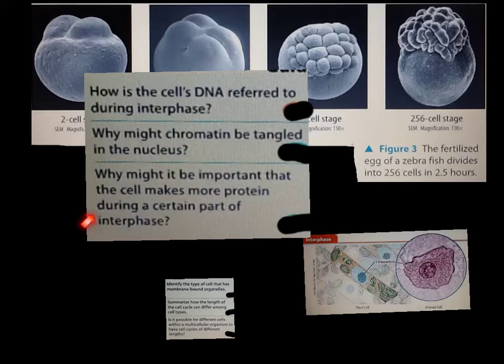The first one, how is the cell's DNA referred to during interphase? Question number 2, why might chromatid be tangled in the nucleus? And the third one, why might it be important that the cell make more protein during a certain part of the interphase? Okay, you're picking one of those three to answer in your science journal.